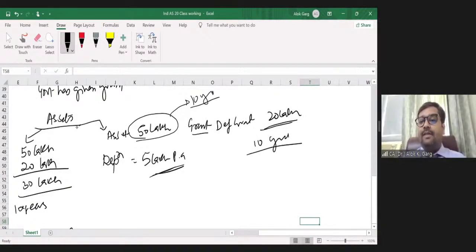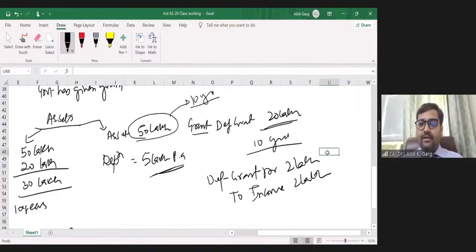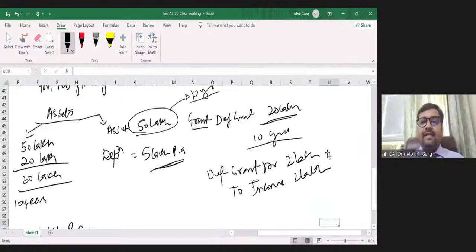And what will be the accounting entry? Deferred grant debit, because it is a liability when we have received. Deferred grant debit 2 lakh every year, to other income 2 lakh. I hope this is clear to everyone. Okay. So every year, what is the net impact in the P&L?